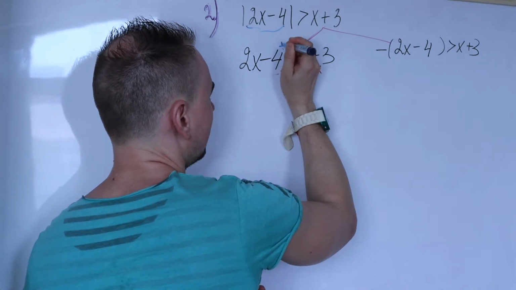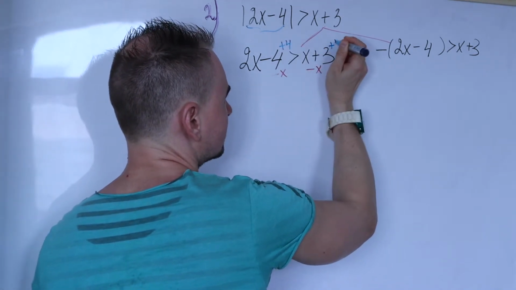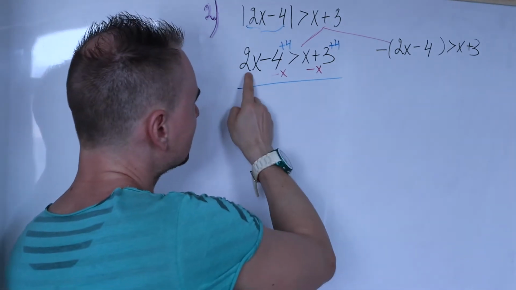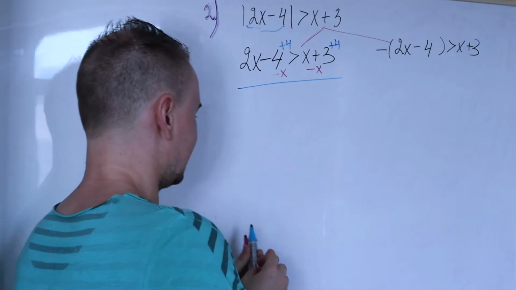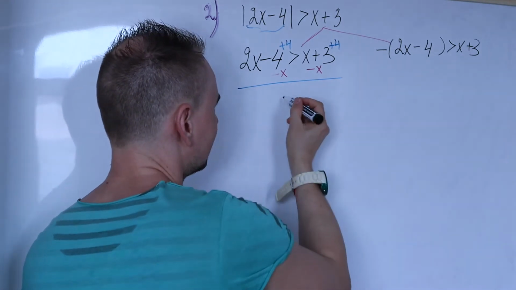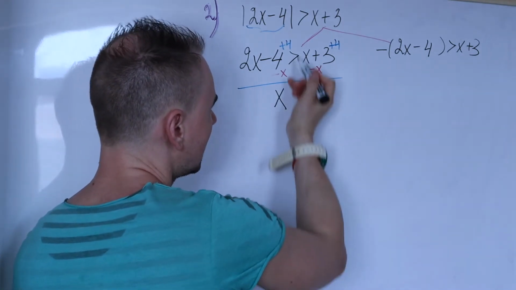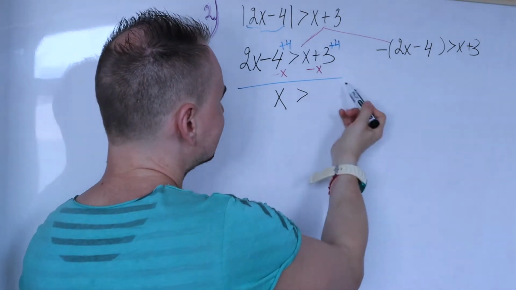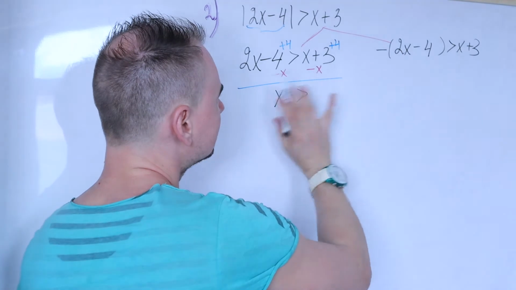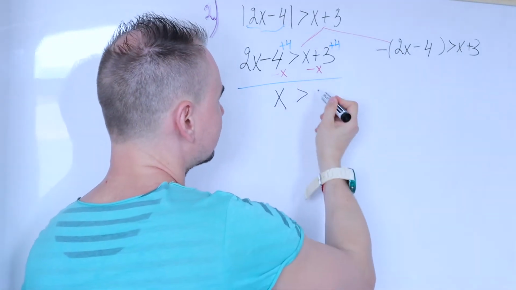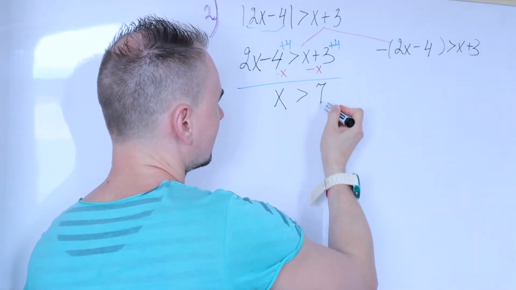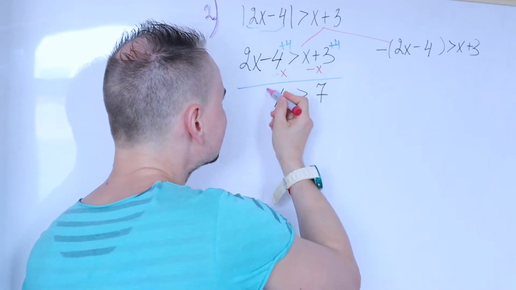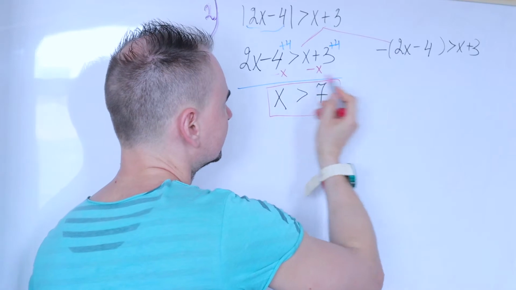Add 4 plus 4 to both sides. So the next line, 2x minus x gives you just single x. You keep the sign, just drop it down. This x goes away, no x's, and 3 plus 4 gives you positive 7. So this is part of your solution.